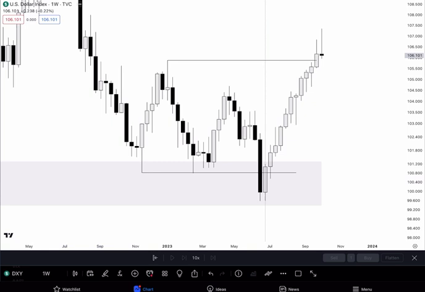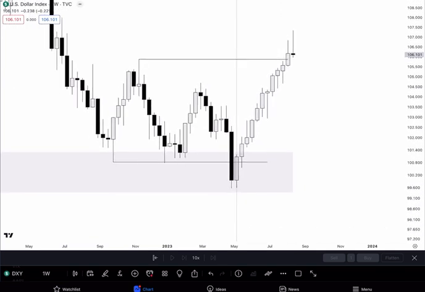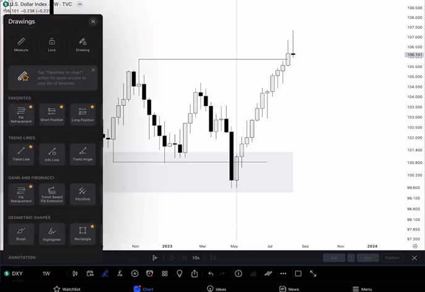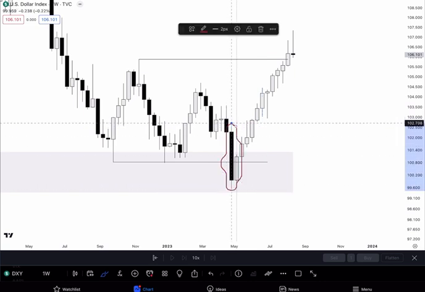Now, for the weekly to confirm me bullishness, I have two options. I have the classic ICT option, which is waiting for it to close above the high of this candle, the order block, the change in state of delivery, which is the candle that digs in the low or in the high. You wait for it to close above it, and you've confirmed your sentiment.